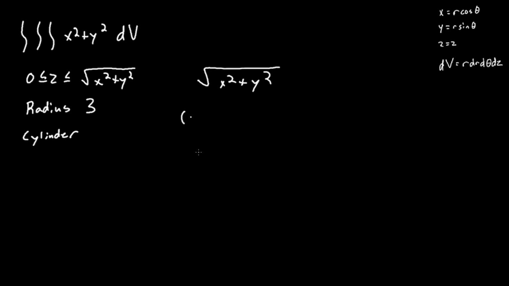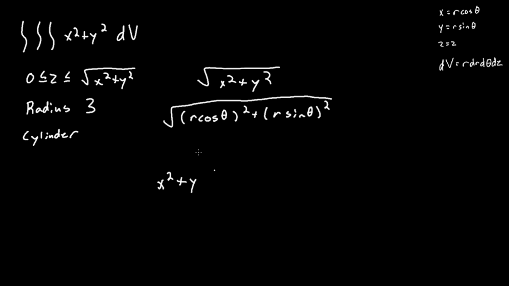So x is substituted as r cosine theta squared plus r sine theta squared. You square root all of this. Remember, in the previous problem, we've established that x squared plus y squared is equal to r squared, and the square root of x squared plus y squared is equal to r.